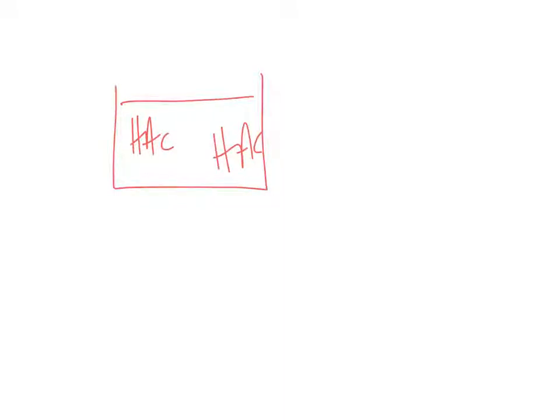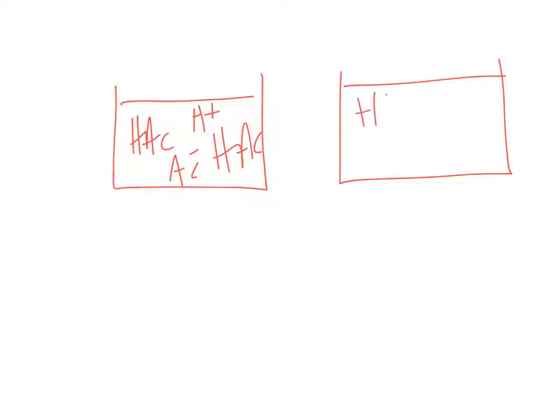So that's when this drawing came in. If this is a weak acid, you've got lots of actual molecules still in solution. But if this is a strong acid, you have no molecules left in solution.